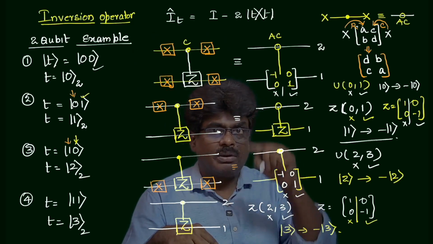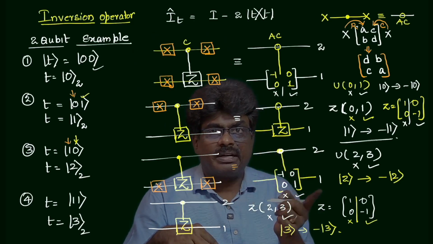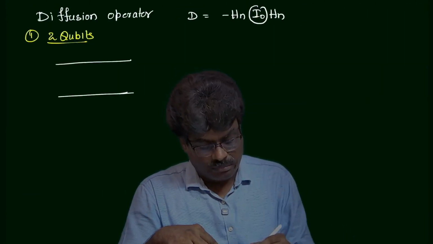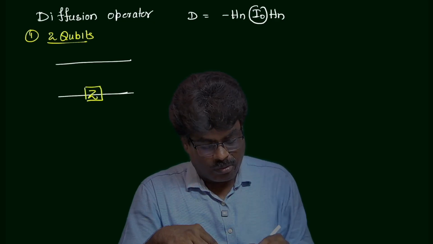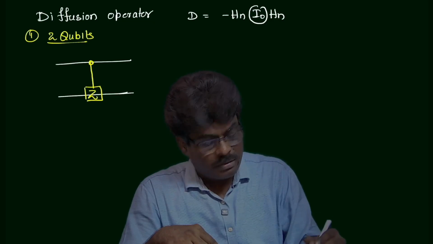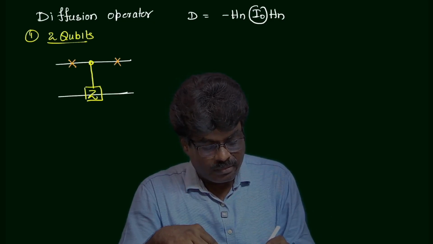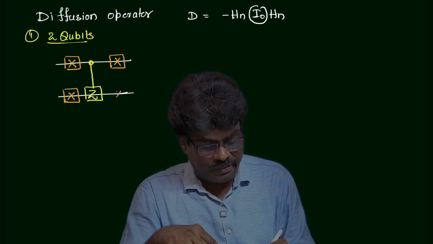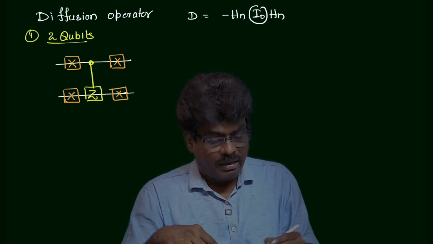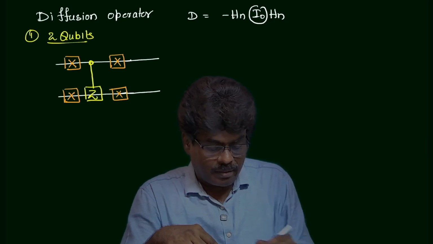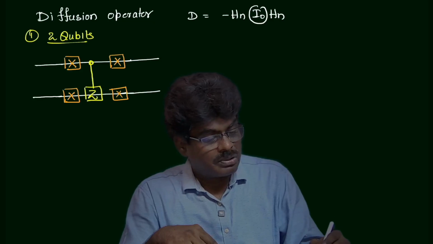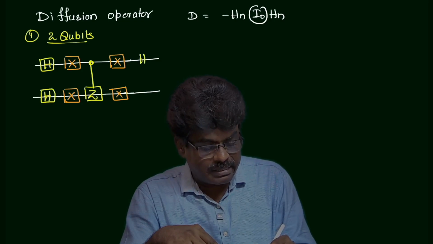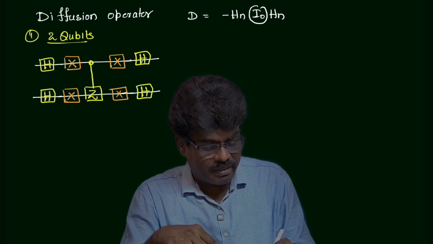So control Z, and on the left side and right side we have Pauli X gate operations. This one we have already discussed, which inverts the amplitude of the 0 state only, right? And after that we have the Hadamard operation, 2 Hadamard gates, and here also we have Hadamard gates like this.